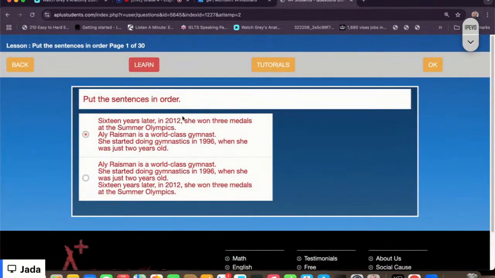Alright, so put the sentence in order. So we have 16 years later in 2012, she won three medals at the Summer Olympic. Ali Raceman is a world class gymnast. She started doing gymnastics in 1996 when she was just 2 years old.